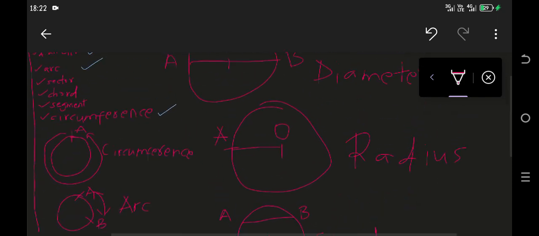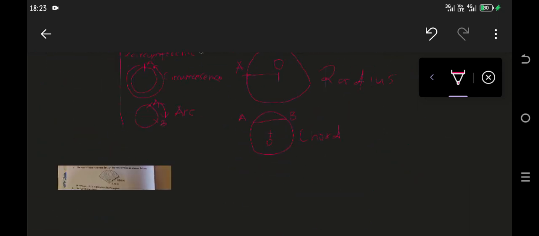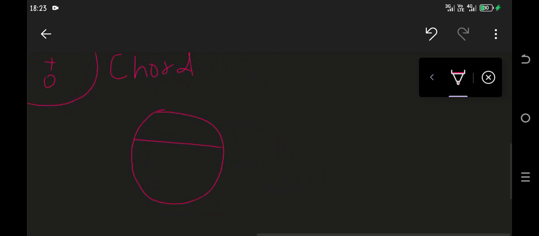So then after that, we have a segment. So let us draw our circle. Then we will have our chord. Now, a chord divides a circle into two parts. These two parts are what we refer to as a segment.